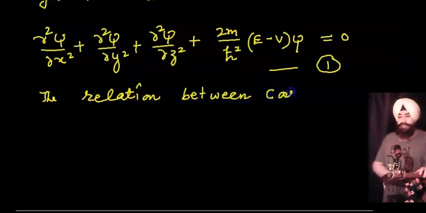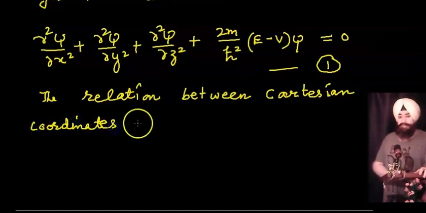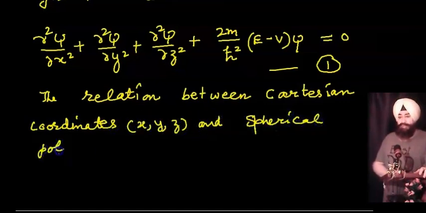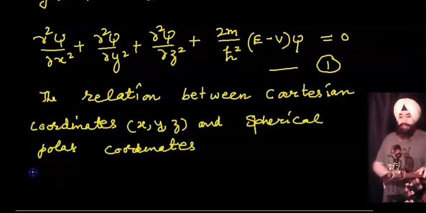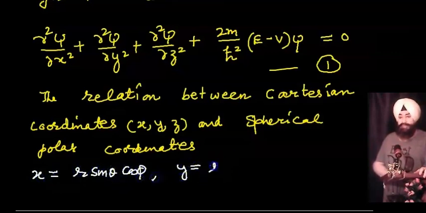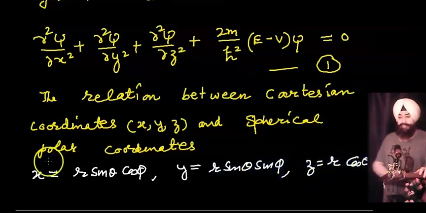You know the relation between Cartesian coordinates x, y, z and spherical polar coordinates r, theta and phi. You have to remember the relations, and how the relation comes, from where it comes.